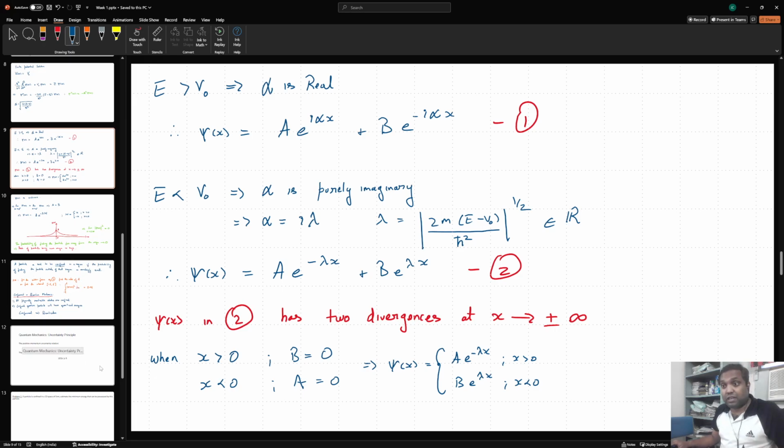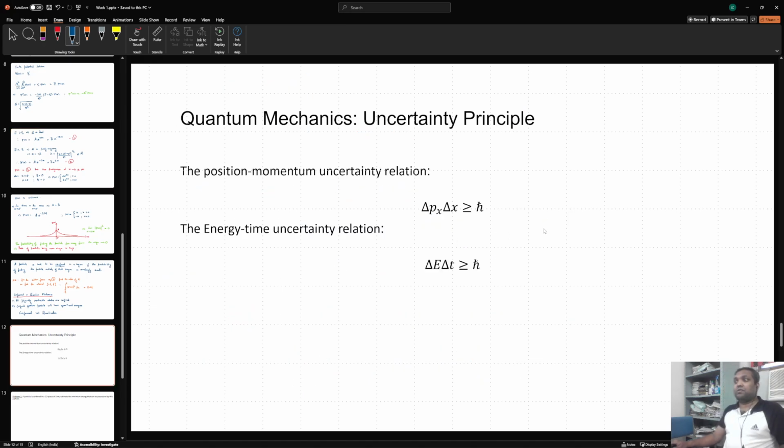But before we look at that, let us look at the next concept of today's discussion, which is the uncertainty principle. The uncertainty principle was originally formally introduced into quantum mechanics by Werner Heisenberg, so it is also referred to as the Heisenberg uncertainty principle. There are many formulations of the relation. The ones that we shall be using in this course are of this form.